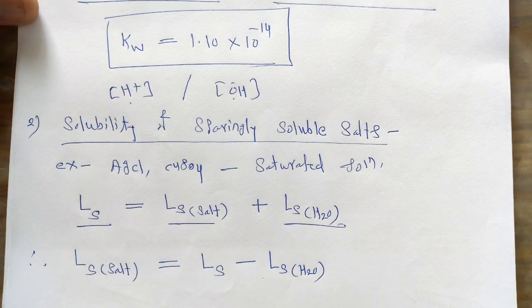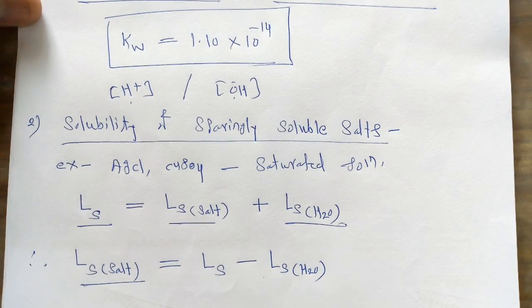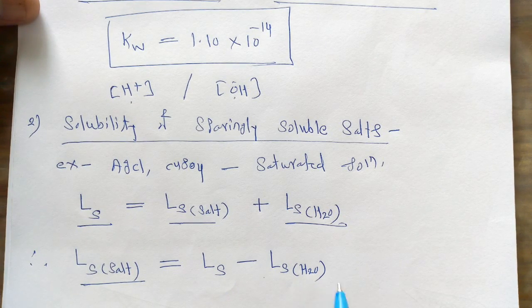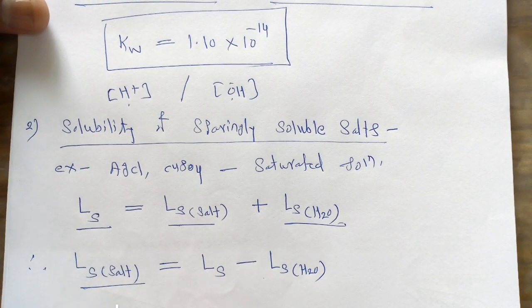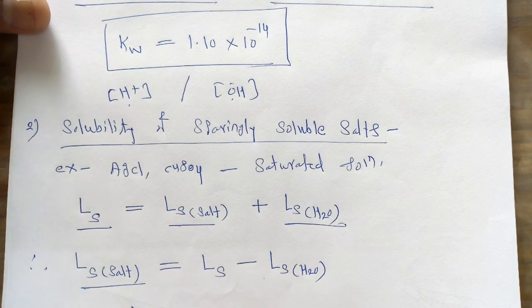So this type of relation is useful for calculating the specific conductance of the salt with the help of specific conductance of saturated solution minus specific conductance of the water. Now from this equation of the specific conductance of a salt, we may calculate the equivalent conductance of this saturated solution, that is lambda.